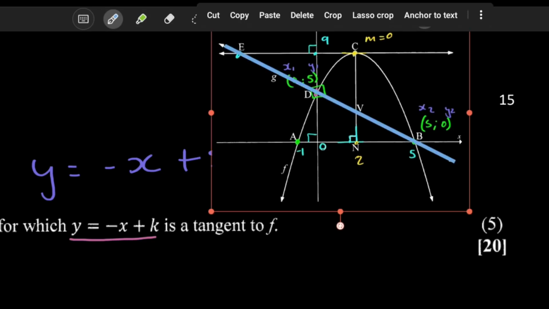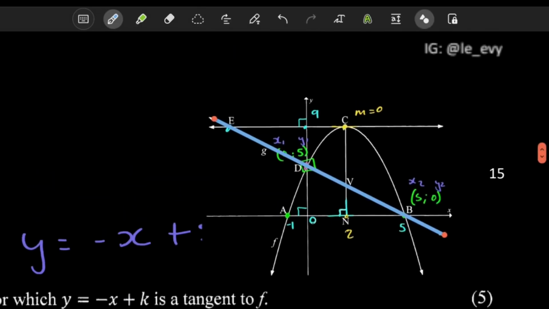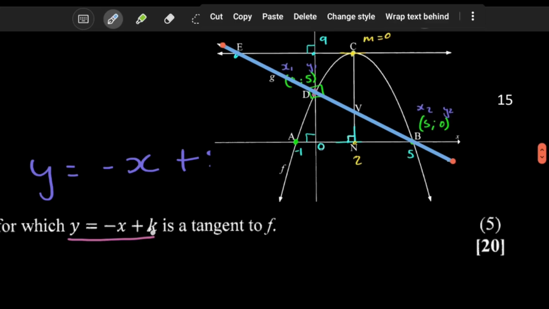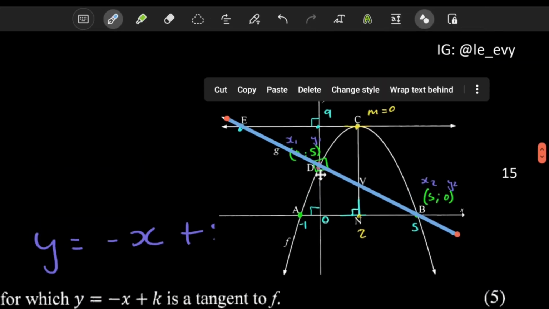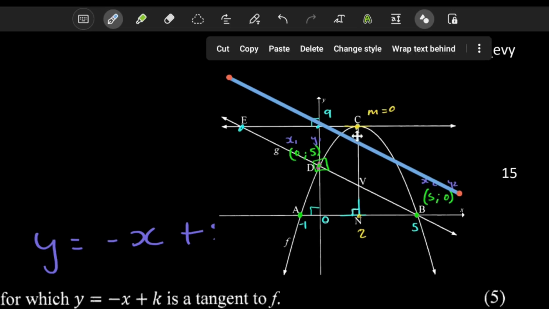This y-intercept is a 5. It's initially a 5, which is representing the value of k there. But then when you move this straight line graph upwards, somewhere there, it's going to have a different y-intercept. And if you move it upwards, there you see it's going to have a y-intercept of 9.